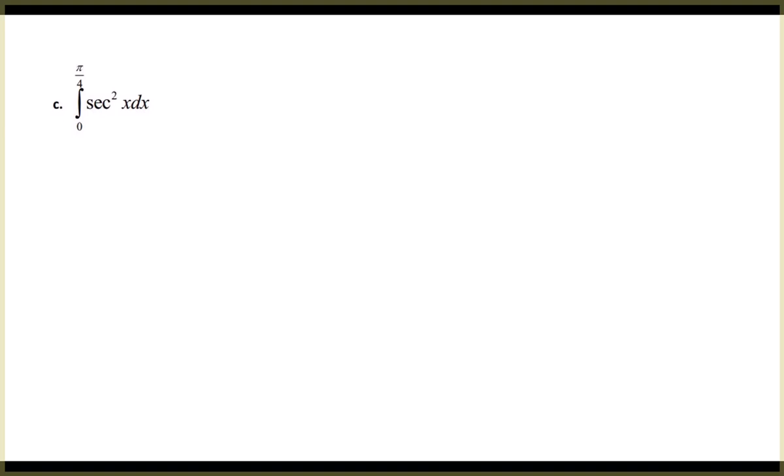All right, last one. Oh boy, trig. Secant squared is the derivative of tangent, correct? Excellent. So I get my antiderivative here. And I did think to put it in terms of x this time. So we're going from 0 to pi over 4. The tangent of 0 is just 0 there.